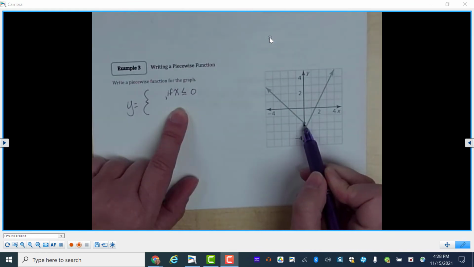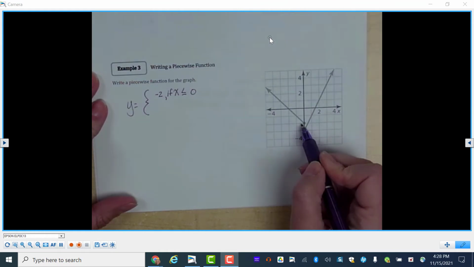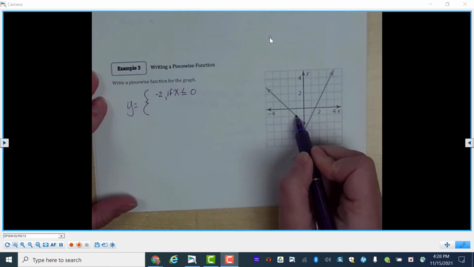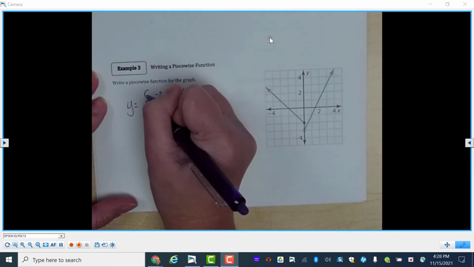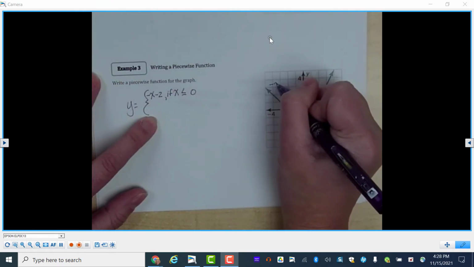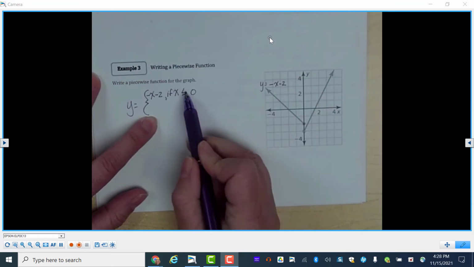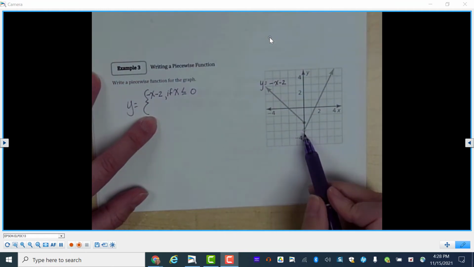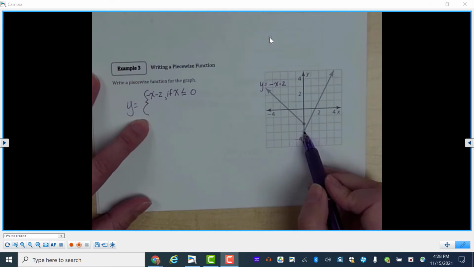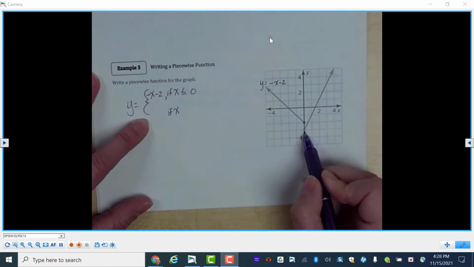Now my y-intercept here is -2, and then my slope, down 1 over 1, is -x. So my equation of the line is -x minus 2 with the parameter x is less than or equal to 0. Now if I look at this one, again, I'm comparing x to 0.